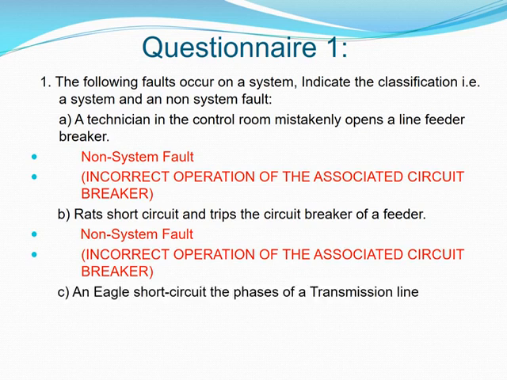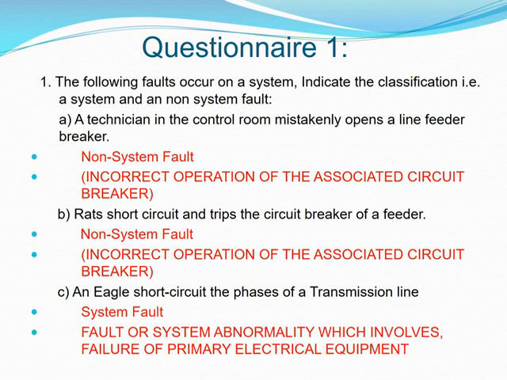Then the third one, it says that we've got an eagle, which is a bird, and it short circuits the phases of your transmission line. Remember, a transmission line was one of our primary electrical equipment. So therefore, by default, because there is a short circuit that is happening in there, regardless that it was done by a bird, it means that we now have a system fault.